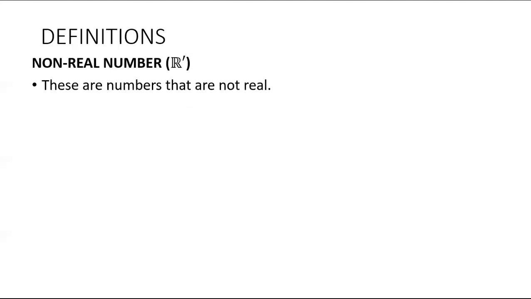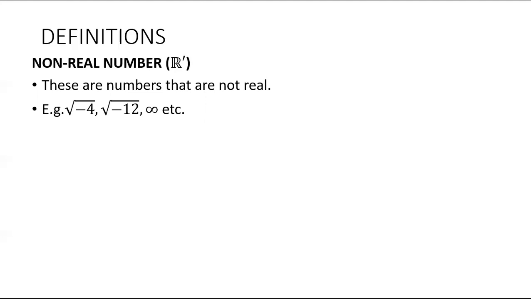The last set of numbers will be what we call non-real numbers. Non-real numbers are numbers that are not real, for instance imaginary numbers like the square root of -4, the square root of -12, infinity, etc. So those will be your non-real numbers.